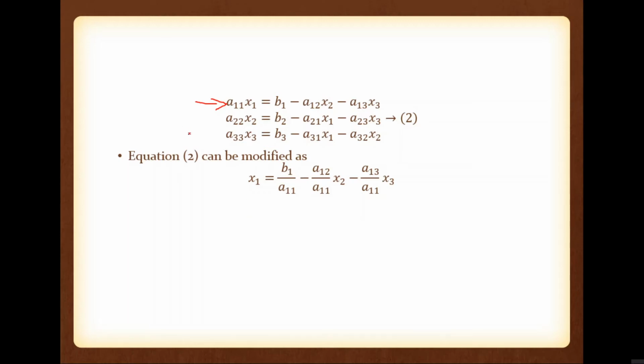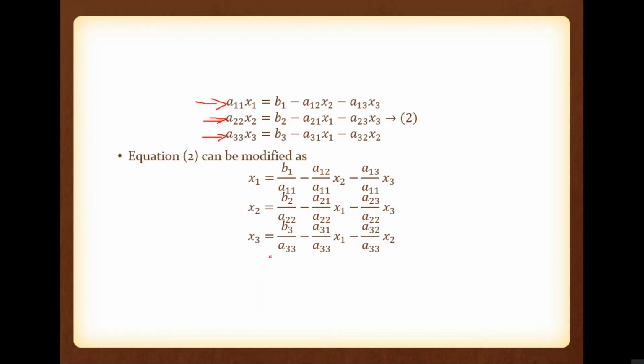Now what about the second one? Divide the second one by a22. So we have x2 is equal to b2 divided by a22 minus a21 divided by a22 into x1 minus a23 divided by a22 into x3. Now what about the third one? Divide the third one by a33.